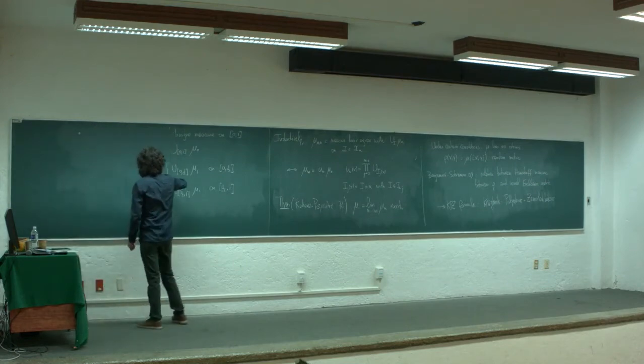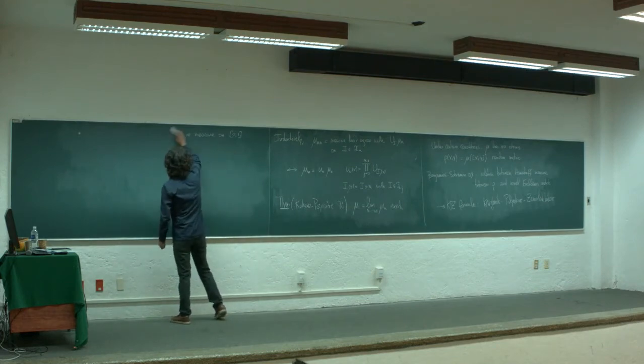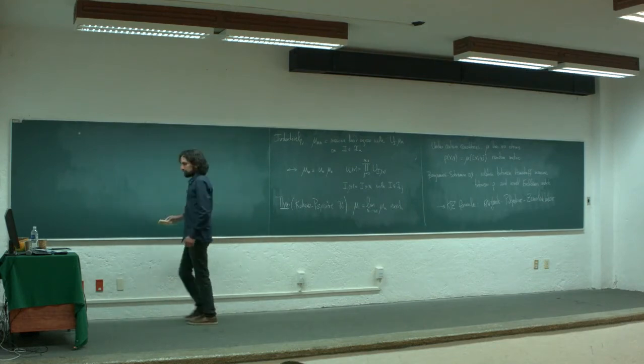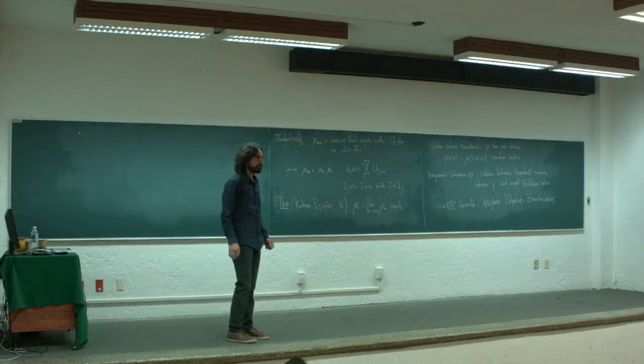Okay, so let's go back to the polymers. Can you translate this result by Benjamini and Schramm to polymers? What does it mean there? I don't know. That's not the kind of question you ask for polymers. Actually, no, I don't know.